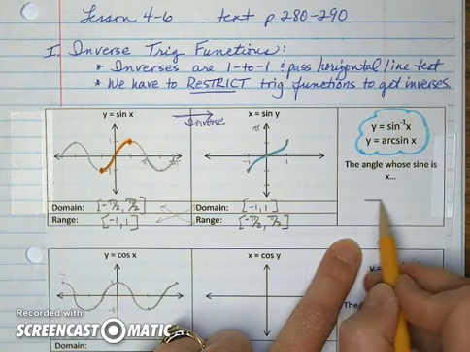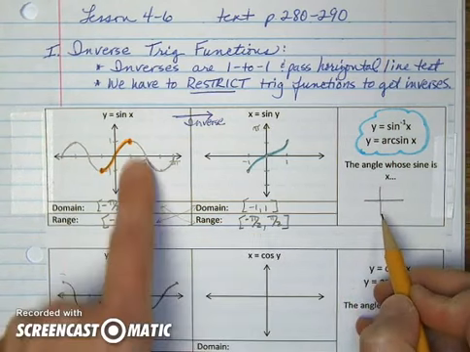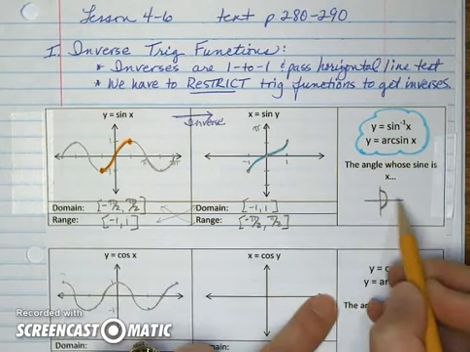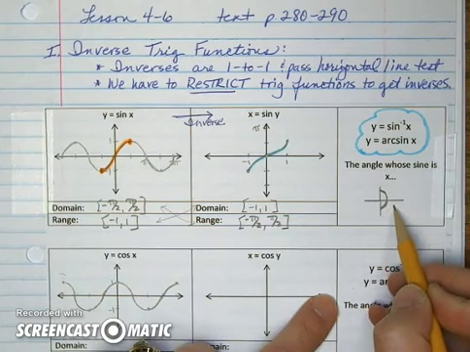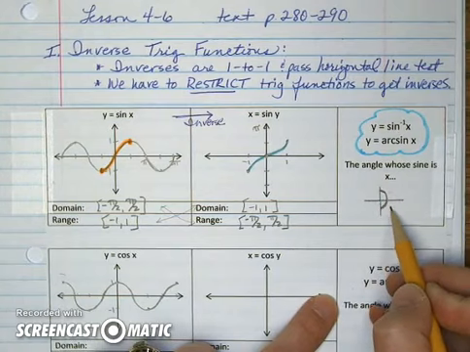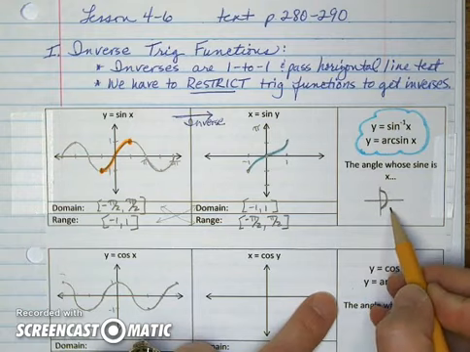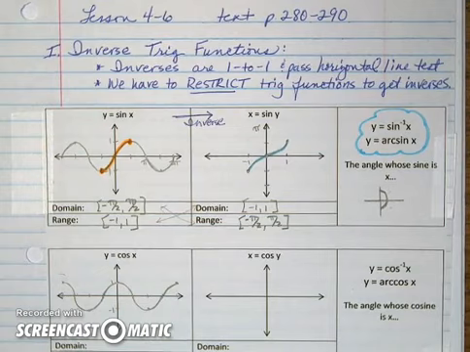And our domain and our range now, we are only playing between negative pi over 2 and positive pi over 2. So all of our values will either be in this positive quadrant or they'll be in the negative, like a positive 30 degrees or negative 30 degrees, positive pi over 6 or negative pi over 6. They will fall within those two quadrants, so to speak.